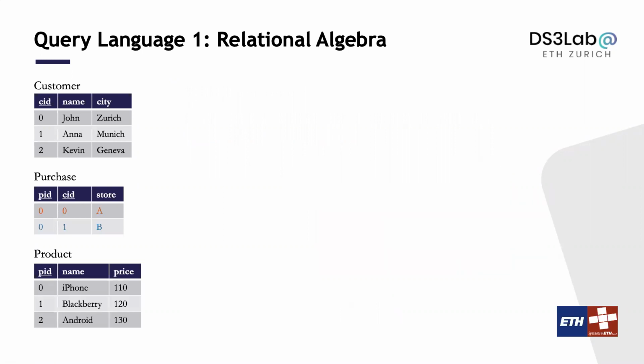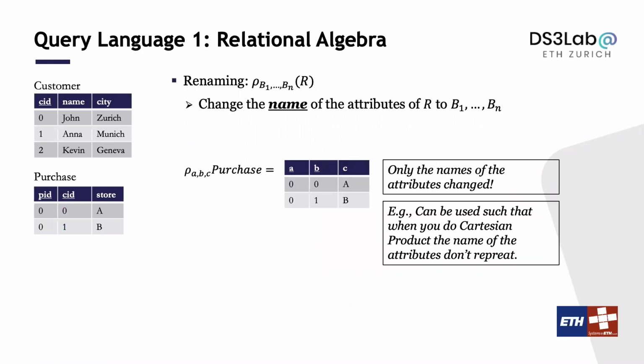Since we said attributes are a set and not a tuple, how does the renaming guarantee that PID is renamed to A, CID to B, and store to C, and not something else? Oh, that's a good question. Here I'm abusing the notation a little bit. Essentially it's rho: PID equals A, CID equals B, store equals C. So you need to specify the mapping.